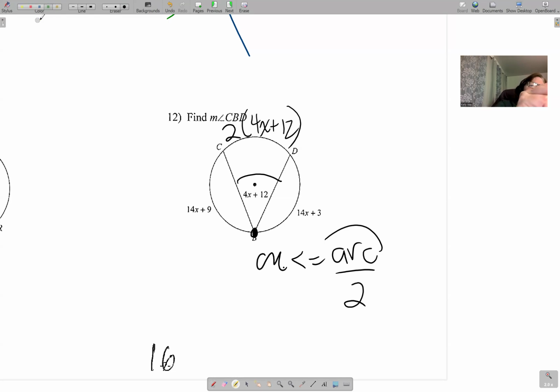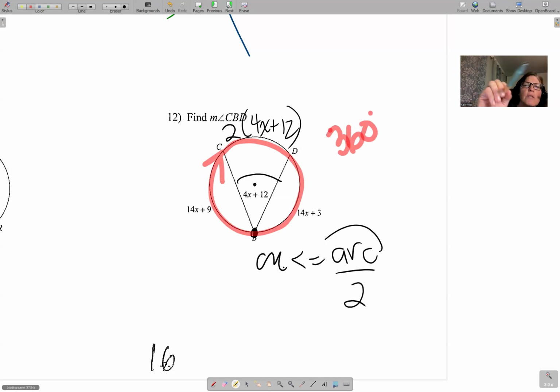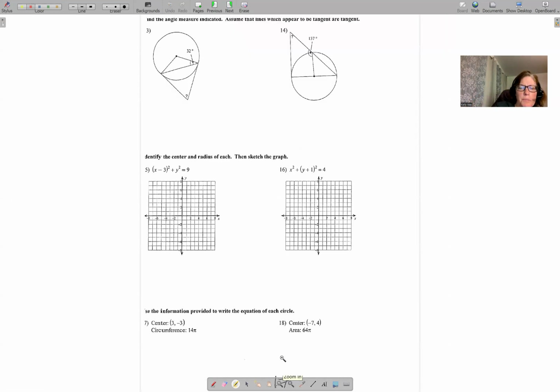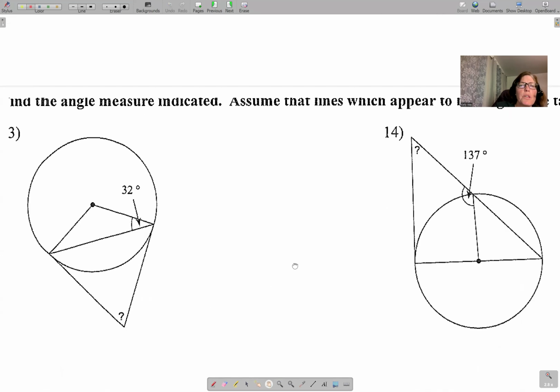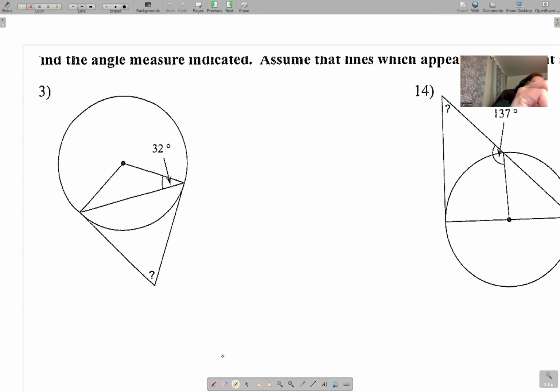And then watch out for really simple things like the fact that circles add up to 360 degrees. For these two, the trick you need to remember is any line that's tangent.